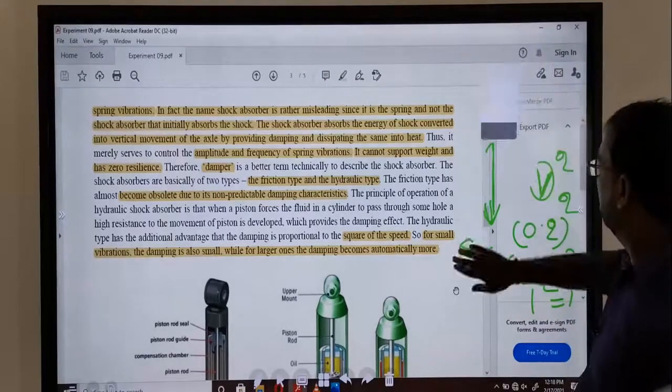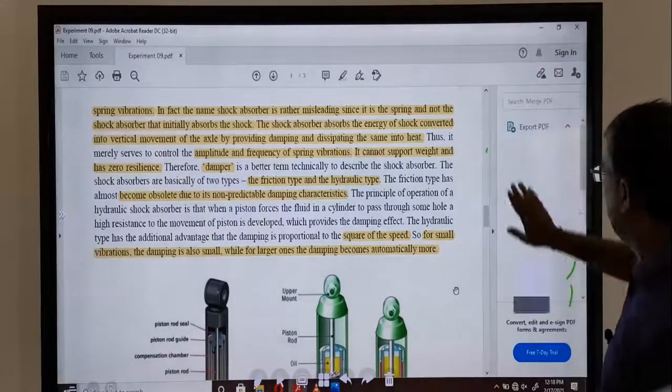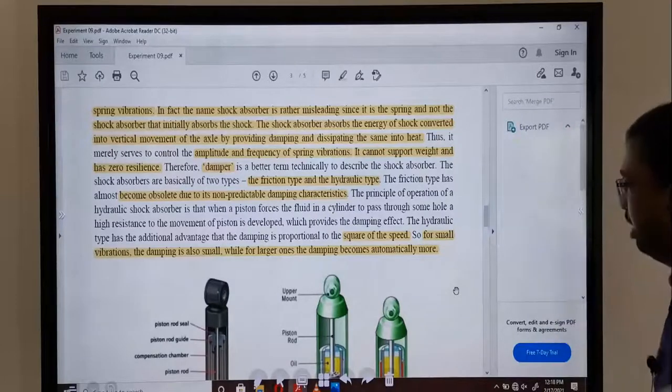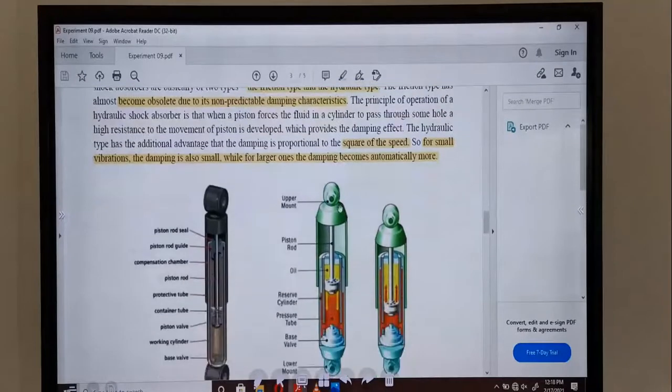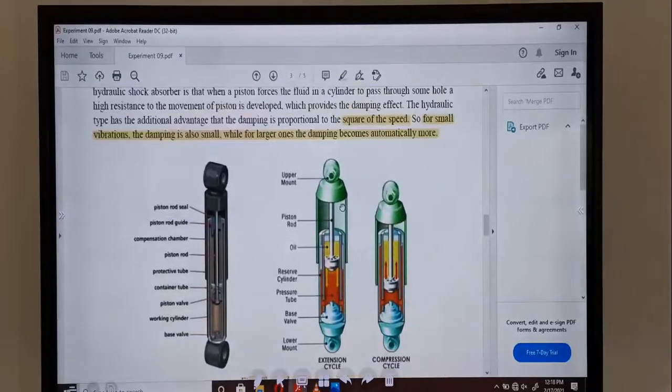Because of this characteristic, the shock absorber is very useful, because the shock absorber utilizes these suspension conditions. This is a shock absorber.